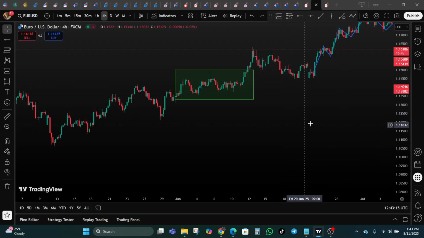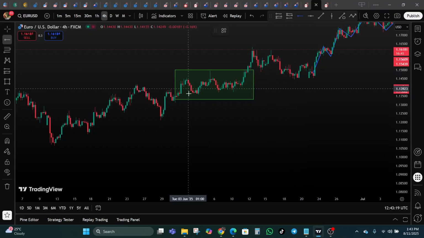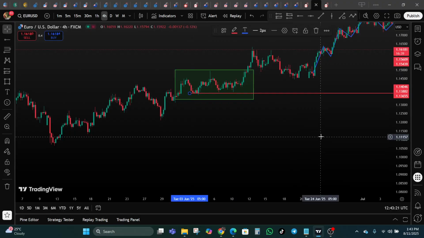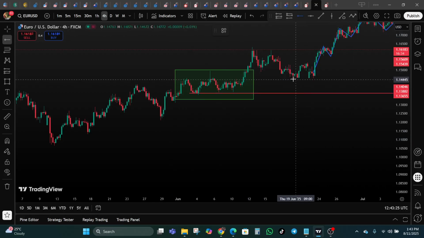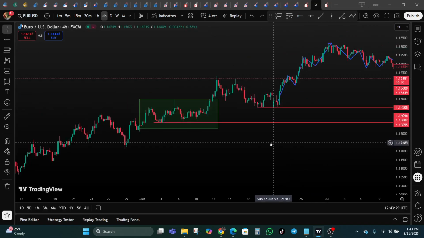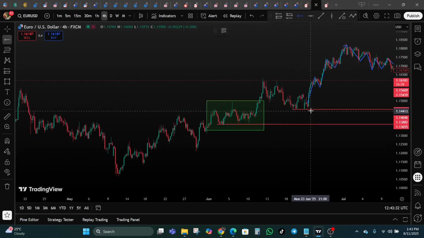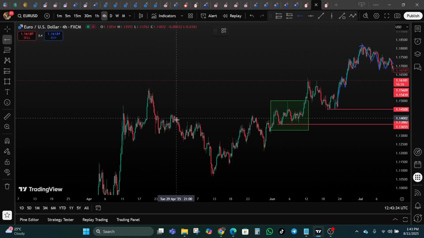Now, support is a price level where buying pressure tends to stop price from falling further. Resistance is a level where price is prevented from rising higher.